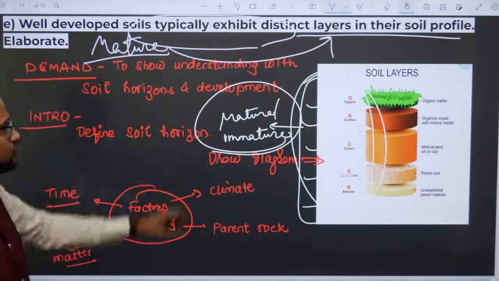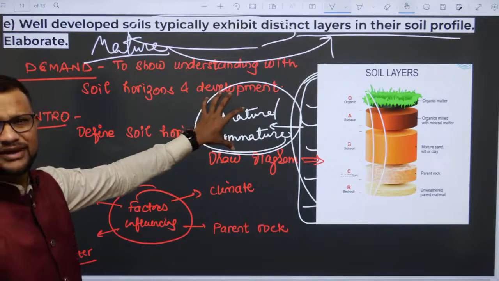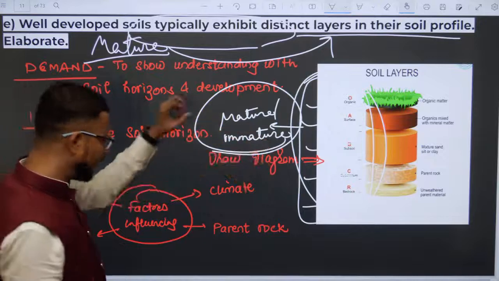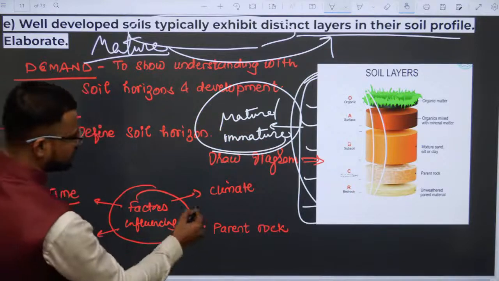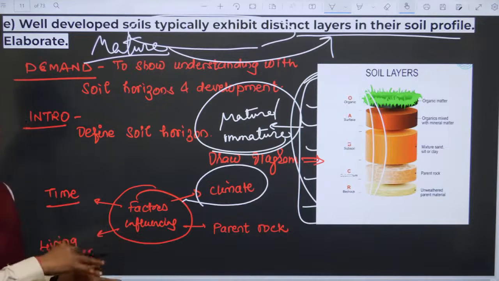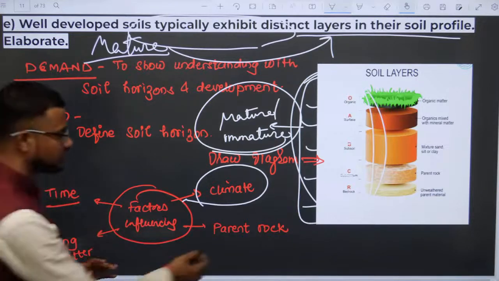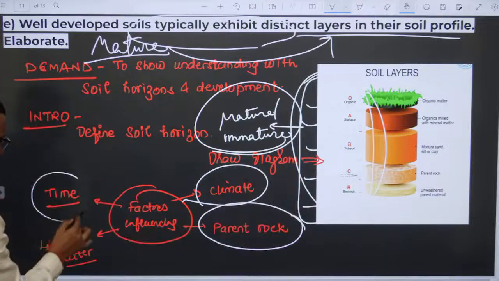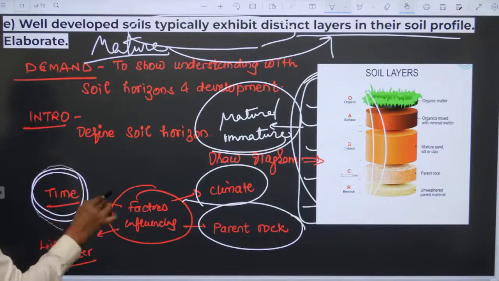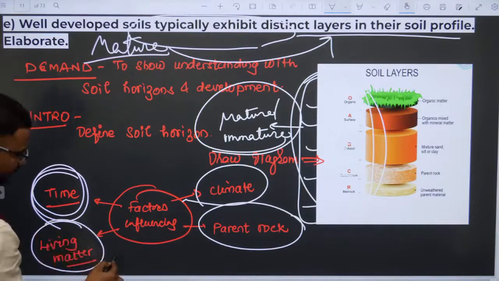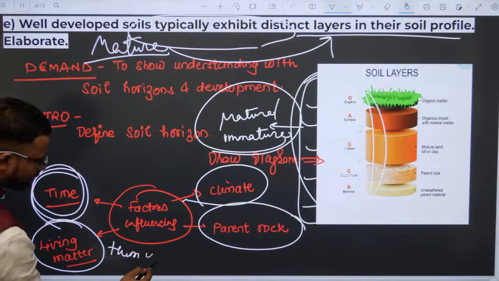Now, this maturity and immaturity, or simply the development of layers, depends on a number of factors, say climate, the type of climate defines the development of layers of the soil, then parent rock material, this one C, then time it has undergone soil formation, and living matter like, for example, humus.